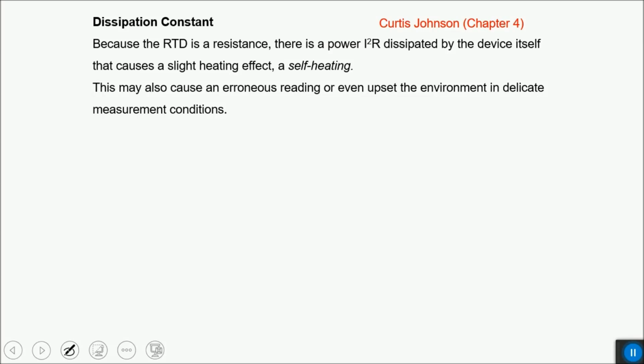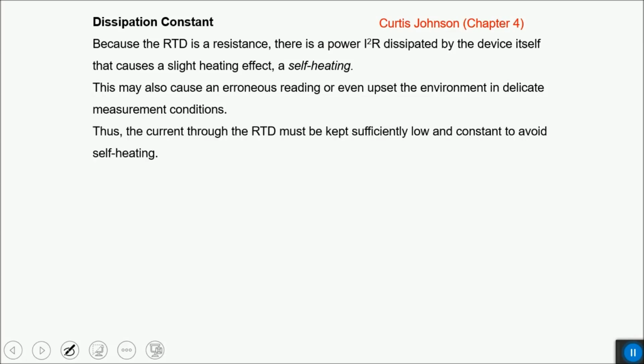So the heating of your temperature sensor may add heat to your environment, and it may disturb the temperature of that environment. It may act as a heater for that environment. So we have to consider this self-heating effect due to the power dissipation across that RTD.